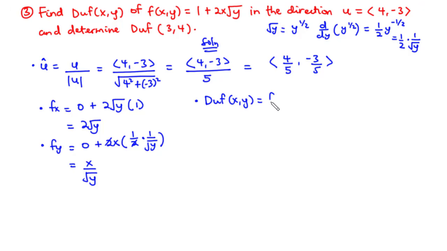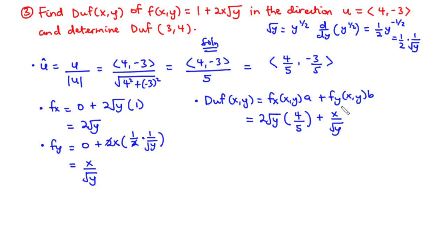Next, we find the directional derivative, that's Du f of xy, and we know it's equal to fx of xy times a plus fy of xy times b. So this is literally equal to, we have fx to be 2 root y, times a, and a is 4 over 5, plus x over root y, that is fy, times -3 over 5.